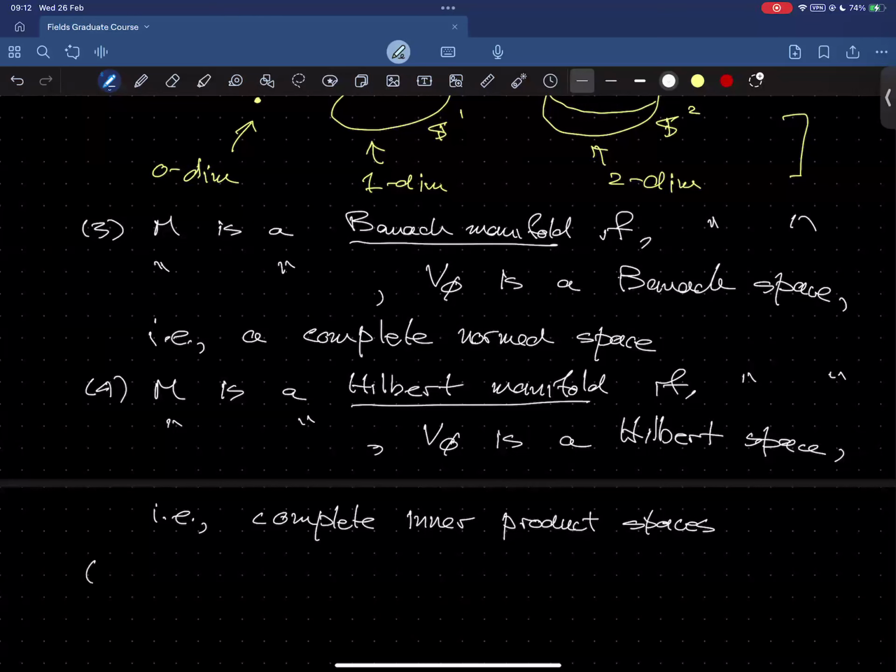One that is interesting is this: all the examples so far are normed, and so this is the first case of a kind of manifold which is modeled on a space that's not normed. So it's what's called a Frechet manifold.